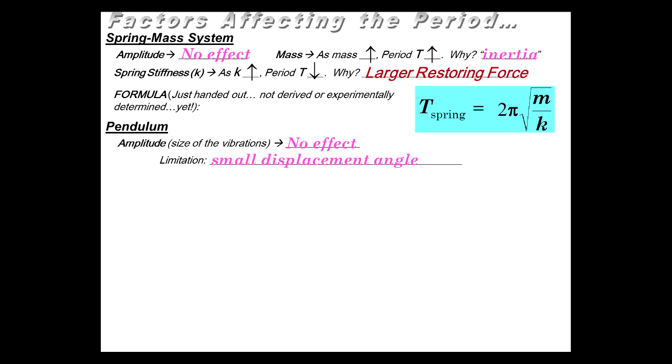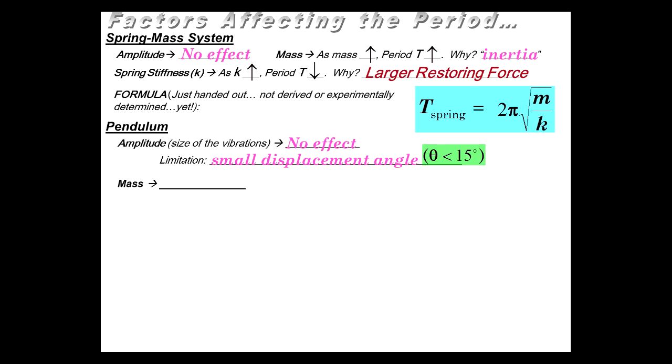So you're limited to small displacements, a small displacement angle, less than about 15 degrees, rule of thumb, and you have essentially SHM. As the angle gets much larger, the period gets larger. When we make the amplitude really big with a pendulum, the period gets larger.